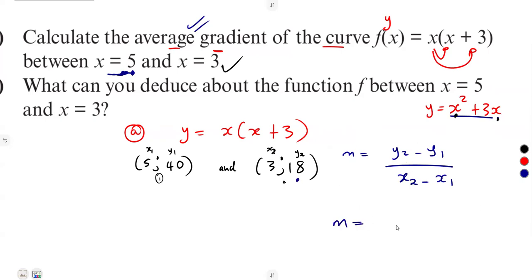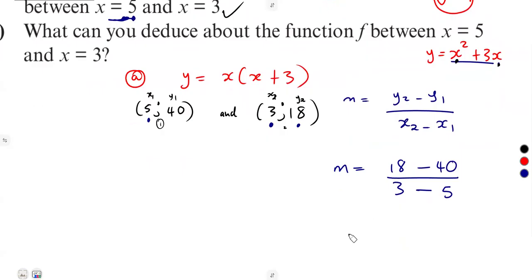Y2 is 18 minus y1, which is 14, over x2, that is 3, minus x1, which is 5. So this is going to give us the average gradient of 11, right?